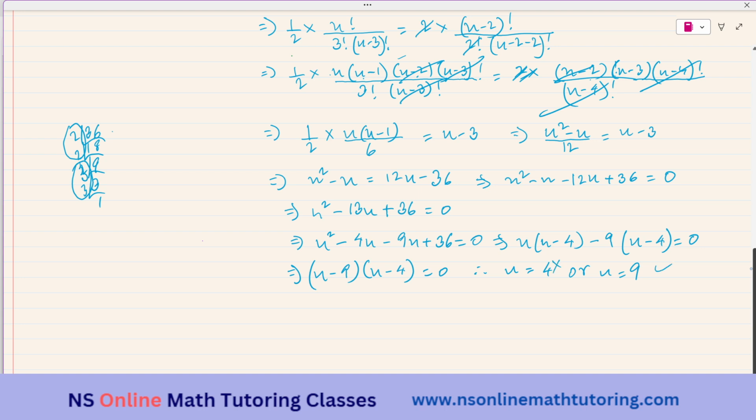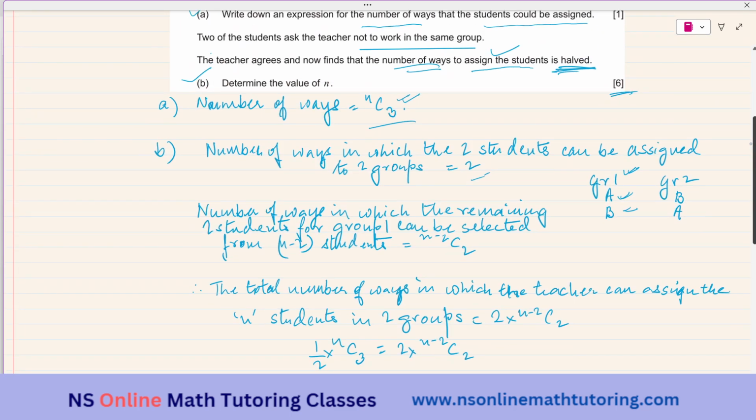Therefore, I have to take n equal to 9, since n is greater than or equal to 6. So this is the answer for the subpart B and this was the answer for the subpart E.